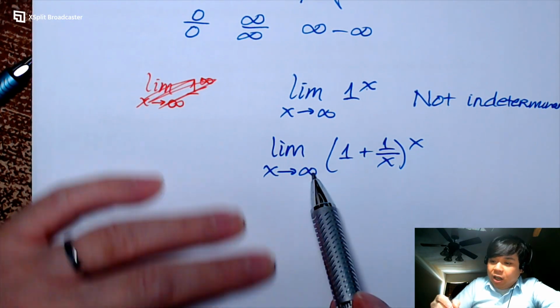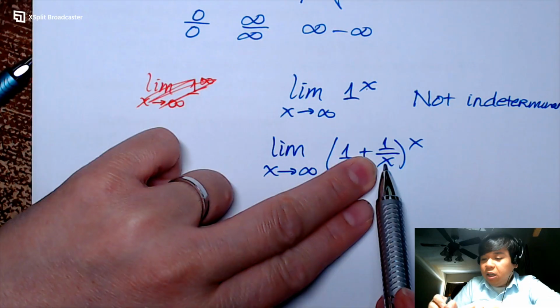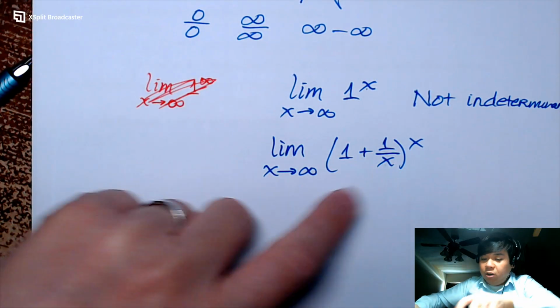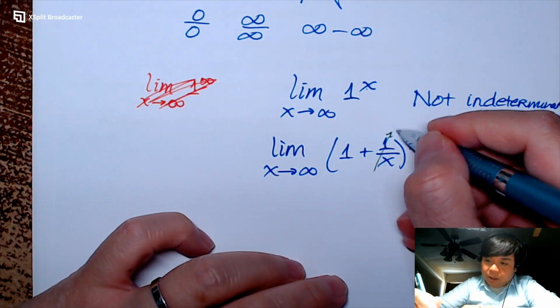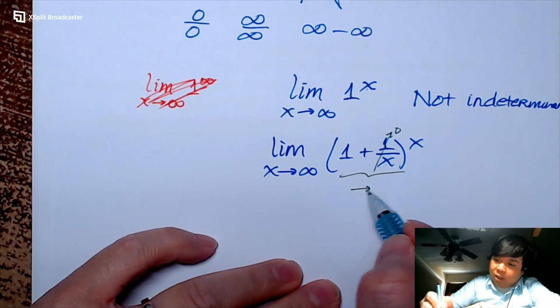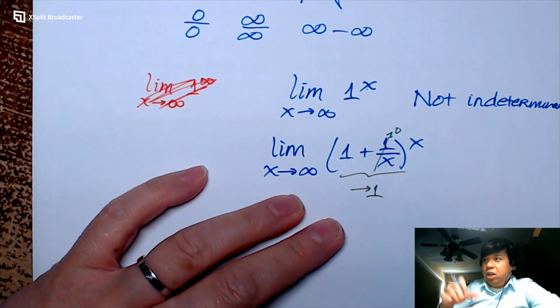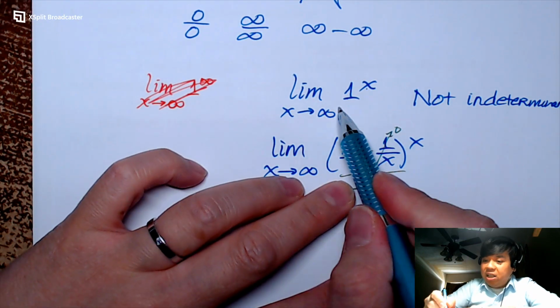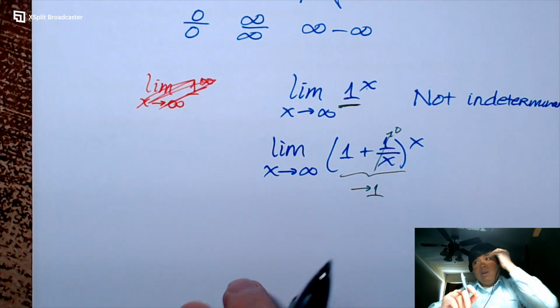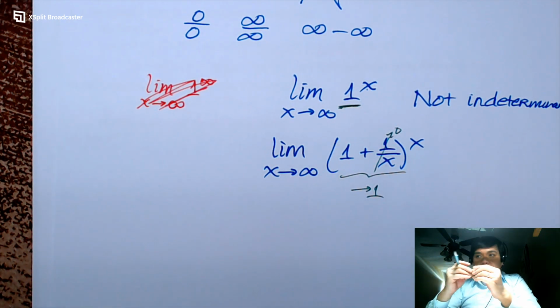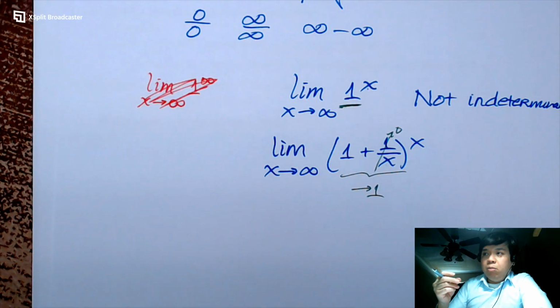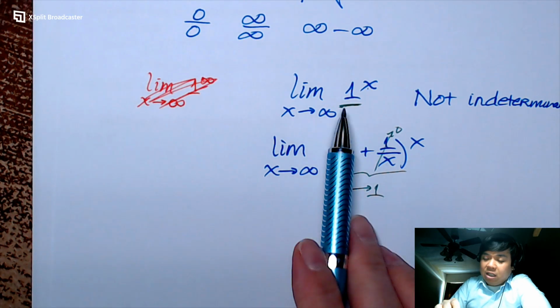Well, as x goes to infinity, this one goes to 0, and the whole thing here goes to 1. So that's the key. It goes to 1. It is not exactly equal to 1. Going to 1, it might get closer and closer to 1, but doesn't have to be exactly 1. This is exactly equal to 1.